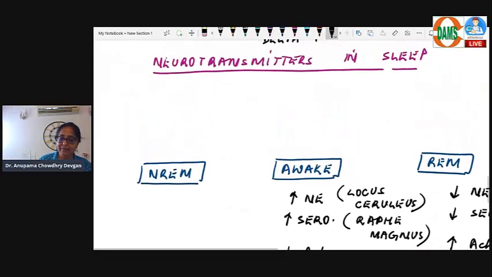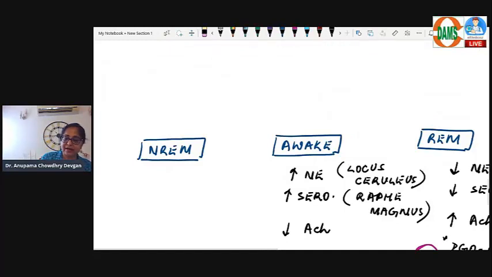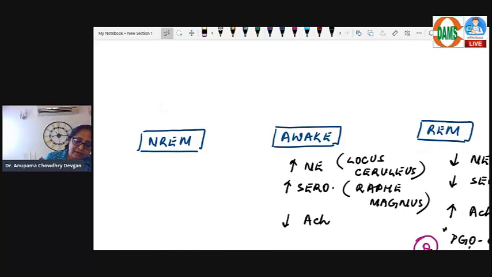Let's see NREM and the awake state. Let's see what the differences are, what happens in NREM and awake state. Now, in NREM sleep, from the hypothalamus there is an increase in GABA and a decrease in histamine.